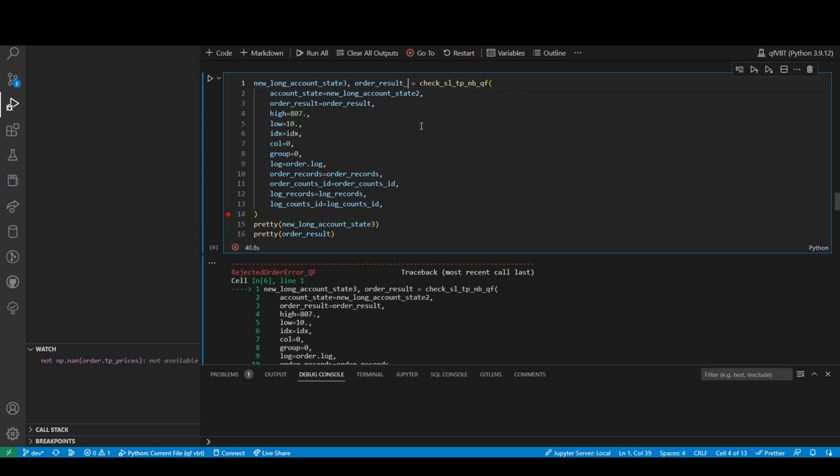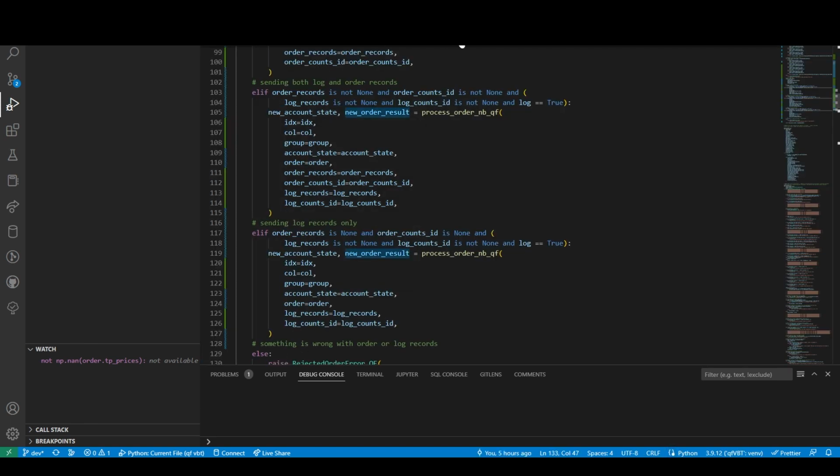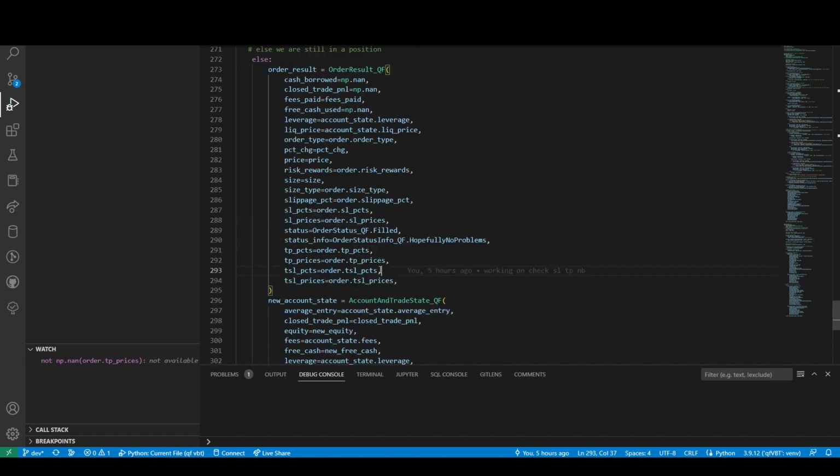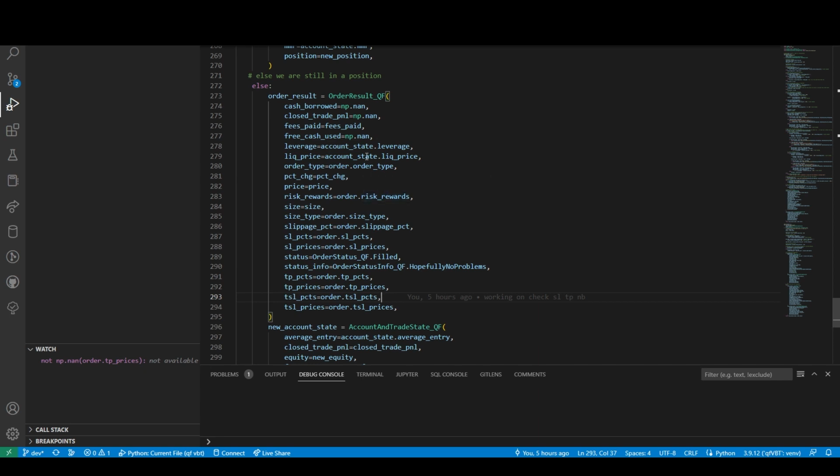Because the order result, I guess we have to think of it as just being able to affect things. The only things that really matter are this stuff. Well, I mean, we have the order type here.